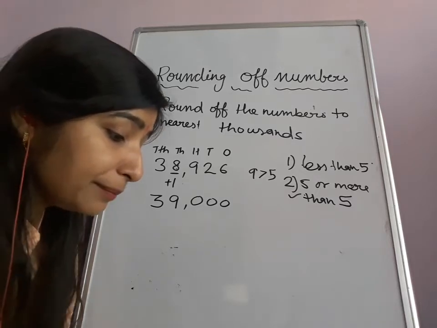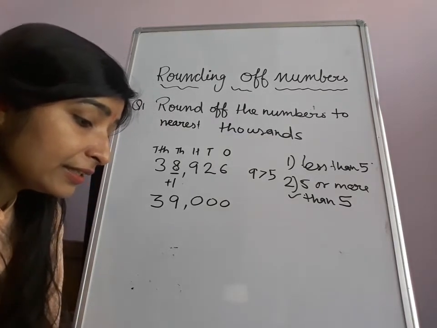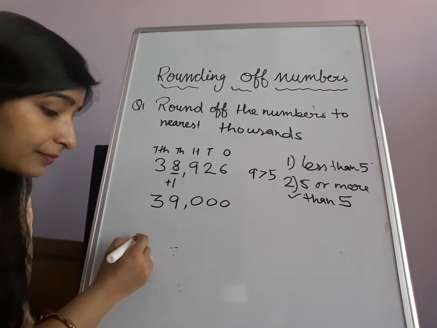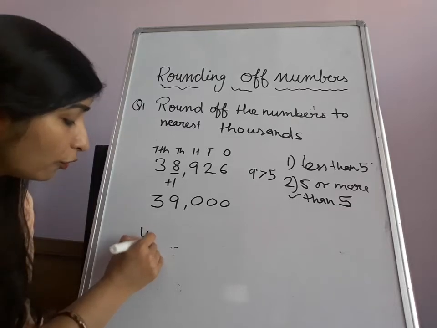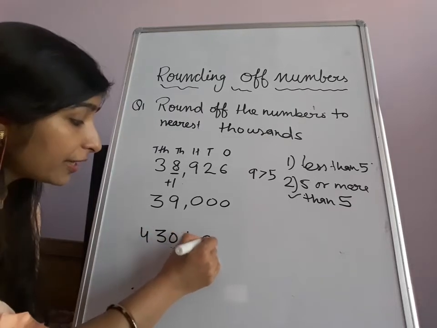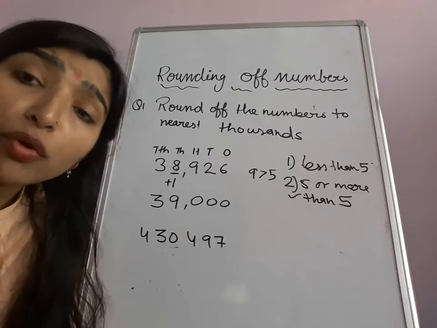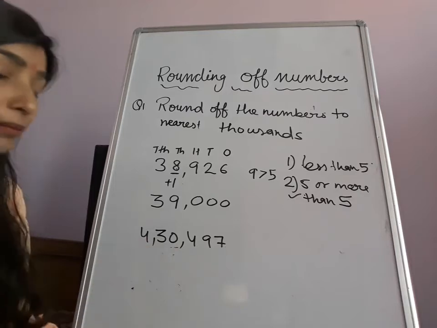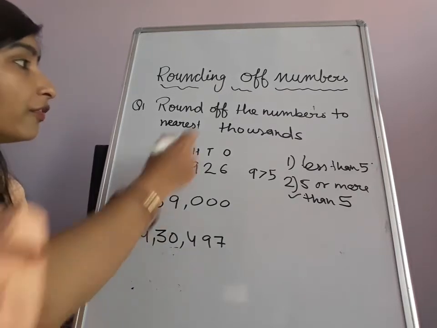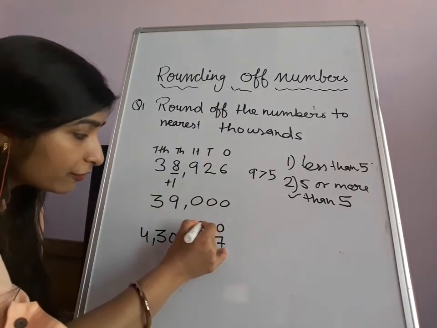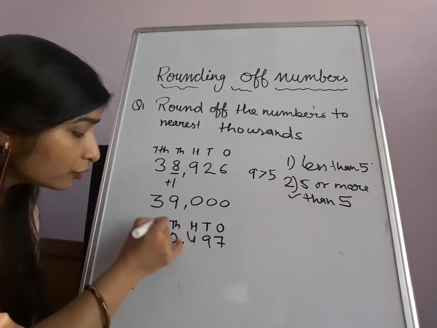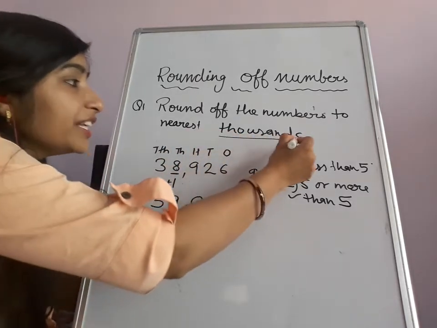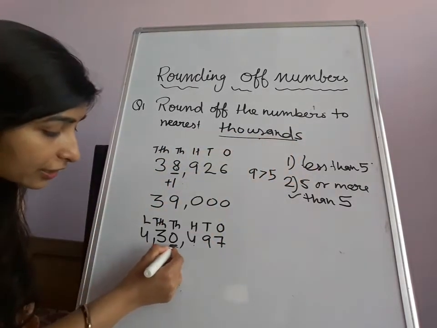One more example I am taking, that is 430497. You can round off any number, big or small. Now this is the number. So first you have to write down the place value chart: ones, tens, 100, 1000, 10,000 and lakh. But you have to do nearest 1000 and this is your 1000 place.